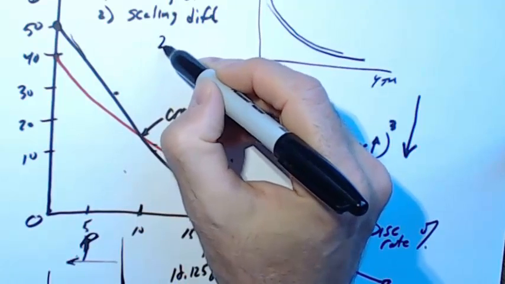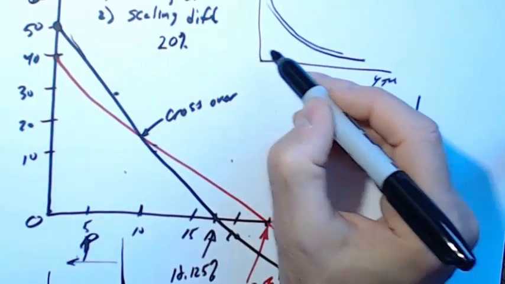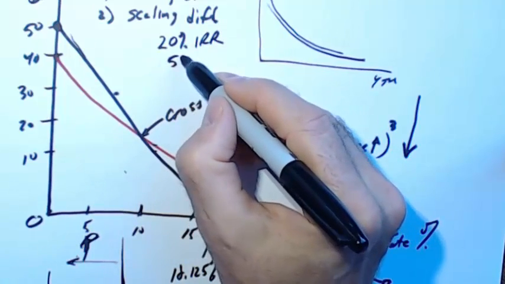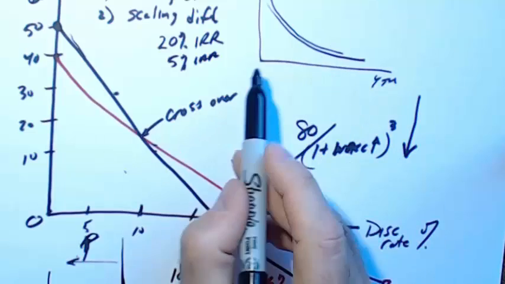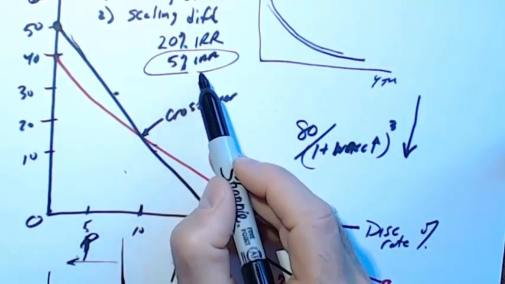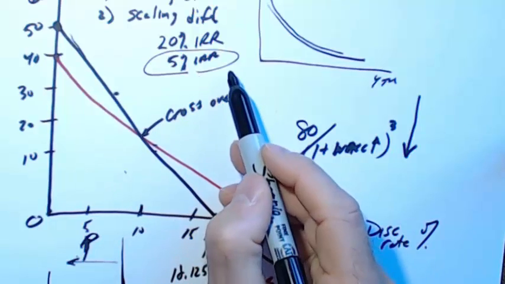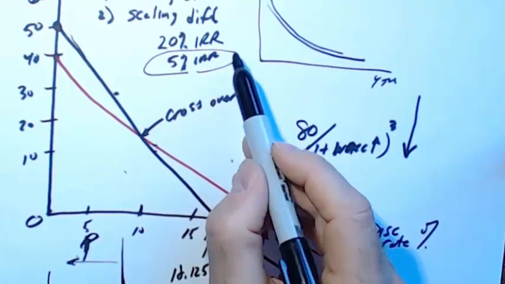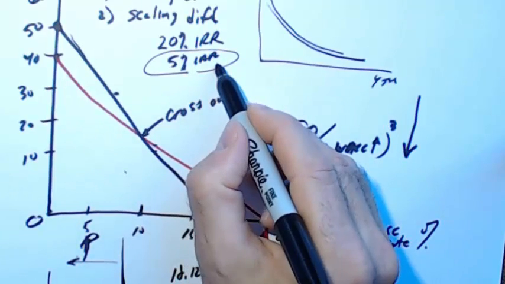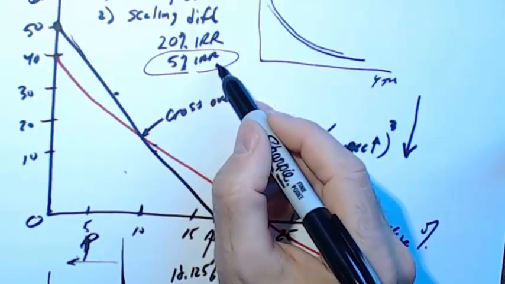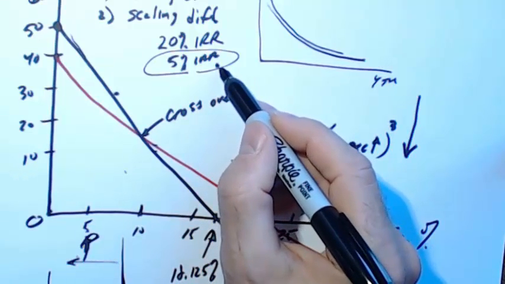You could have a project with a 20% internal rate of return and another with a 5% internal rate of return, and it could actually be that the 5% project is the better one. Now, how can that be? I just told you the higher internal rate of return is better. Well, this could be a $1 billion project that earns an internal rate of return of 5%, and that's greater than our weighted average cost of capital.